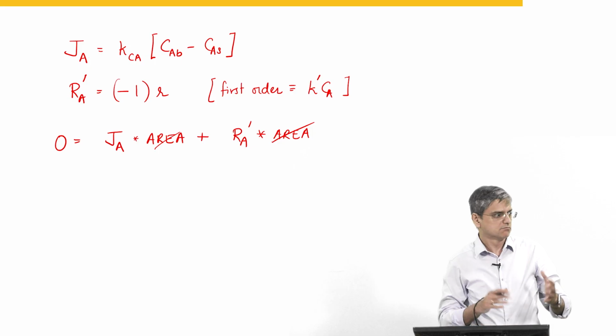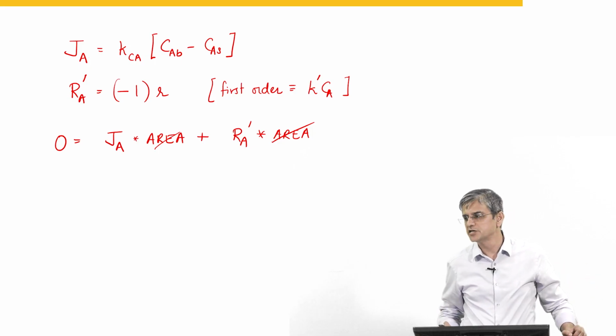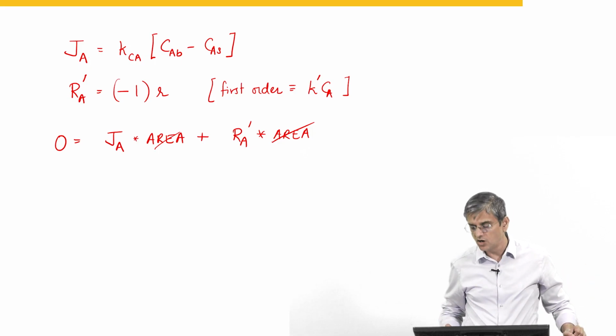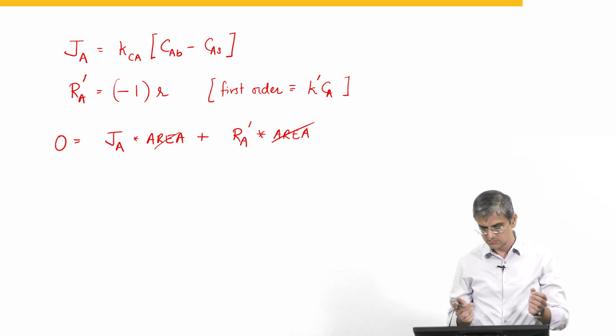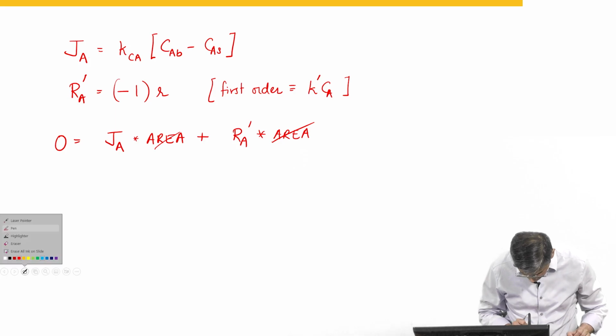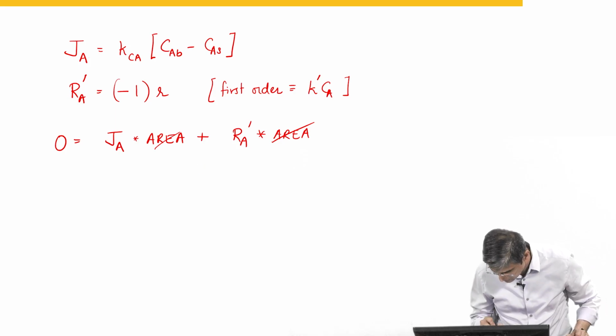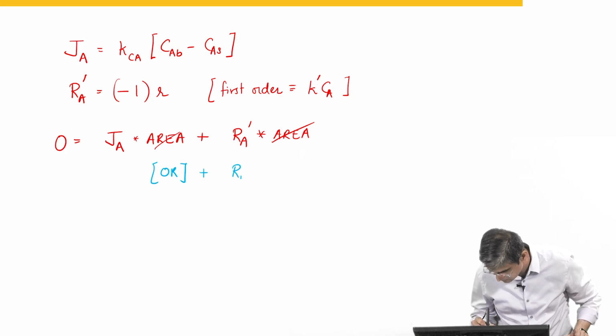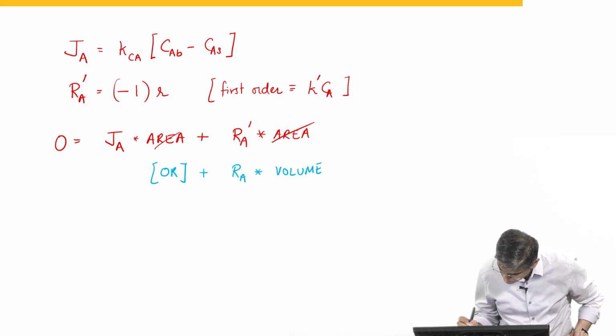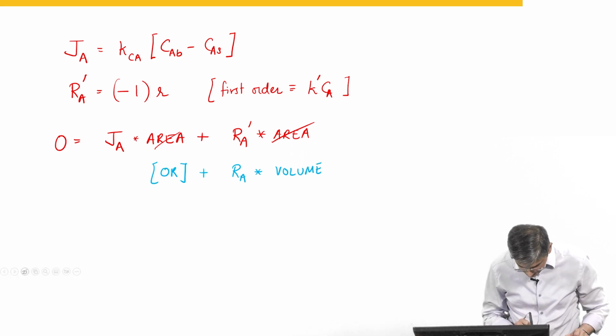Let us say the reaction rate that you had was in terms of moles per unit volume of the catalyst. If that was the case, we will have this; or let us say it was given per unit mass of the catalyst.